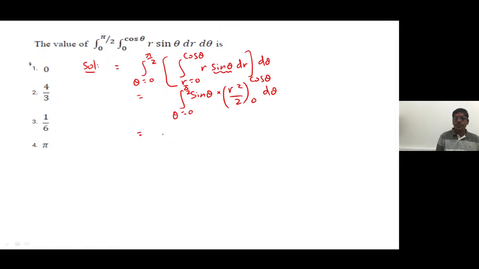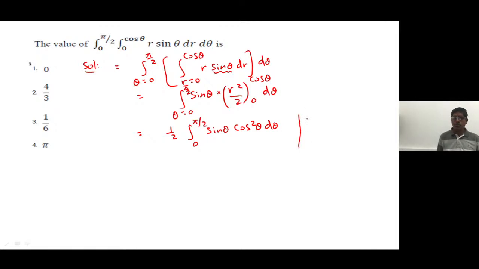So I can take half outside and the remaining theta terms, 0 to pi by 2, sin theta into cos square theta. There is a standard definite integral procedure, that is Wallis formula, or you can compare 0 to pi by 2 sin power m theta cos power n theta, which is studied in 11th or 12th standard, okay, or the substitution method.